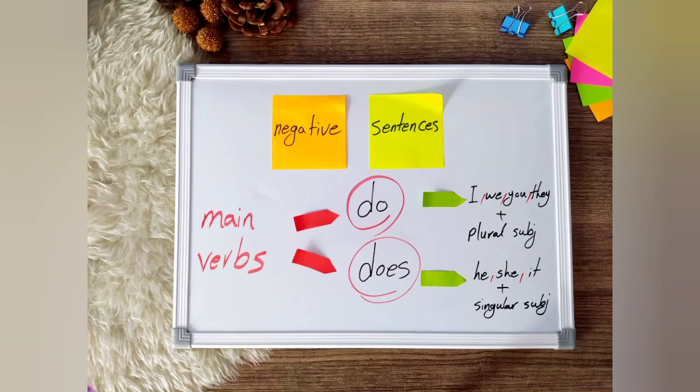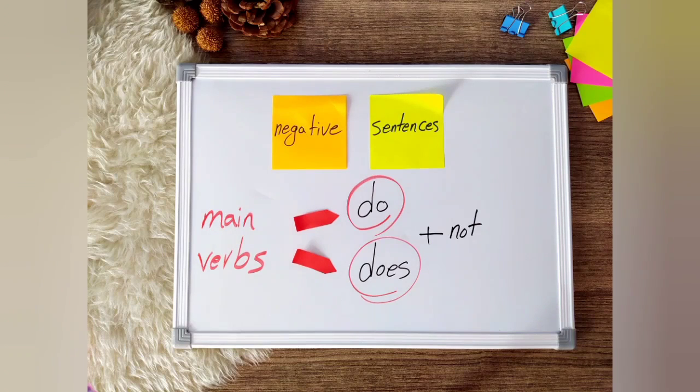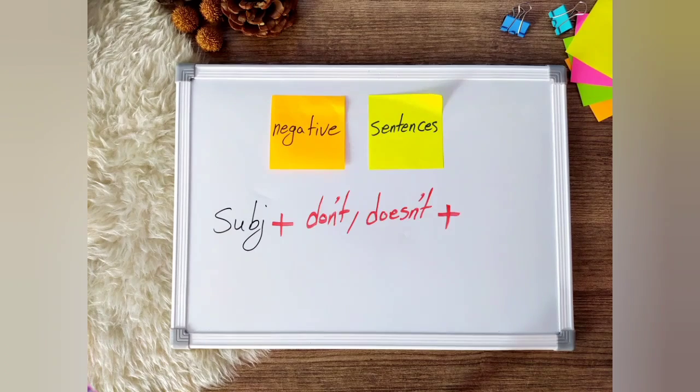To make a negative sentence, first you should add not to the helping verbs. It can be do or does, it depends on your subject. So we have do not, the contraction is don't, and we have does not, the contraction is doesn't. Then you should place don't or doesn't between your subject and the main verb.